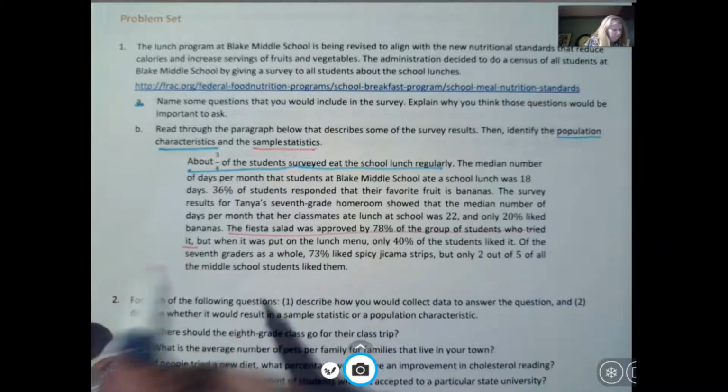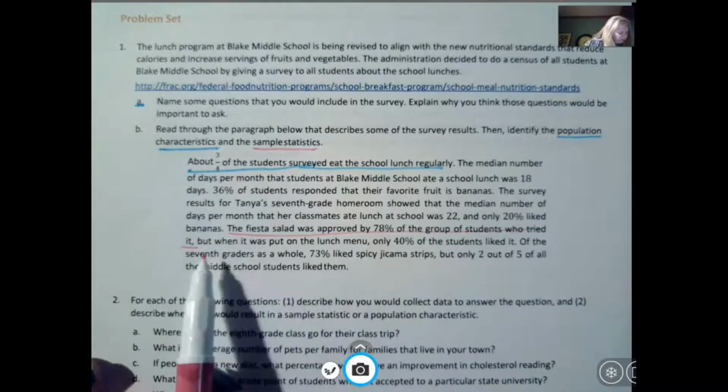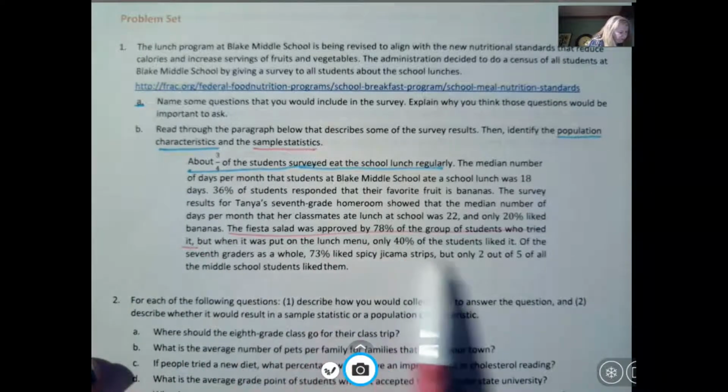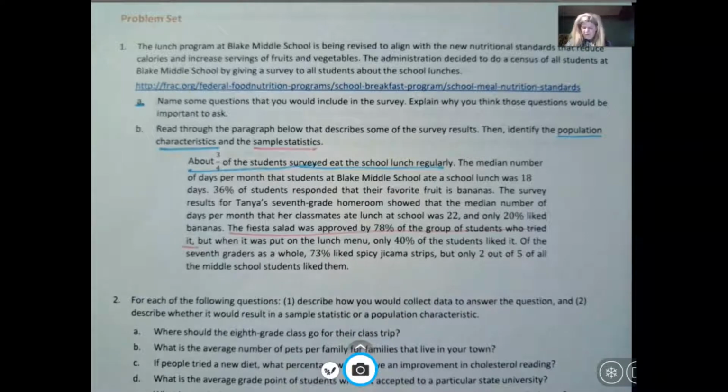But when it was put on the menu, 40% of the students liked it. Of the 7th graders as a whole, 73% liked spicy shrimp, but only 2 out of 5 of all the middle school students liked them.